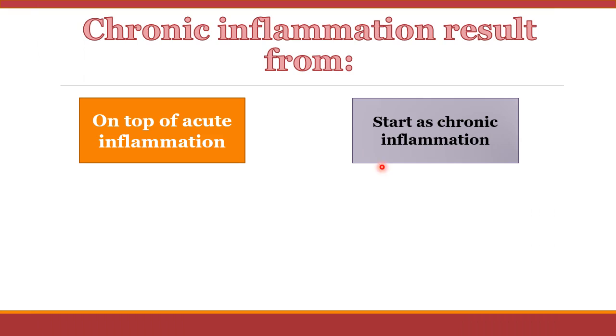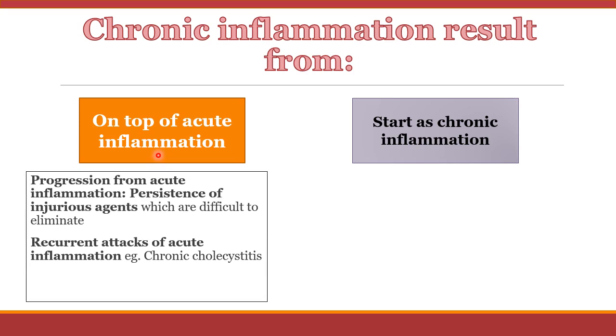So what are the causes of chronic inflammation? We have two main tracks. Either the chronic inflammation previously started as an acute inflammation, or it starts as chronic inflammation from the beginning. Let's see the options if it was related to a previous acute inflammation.